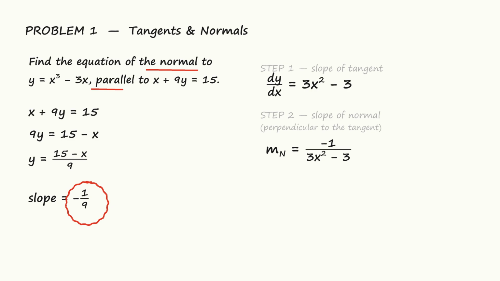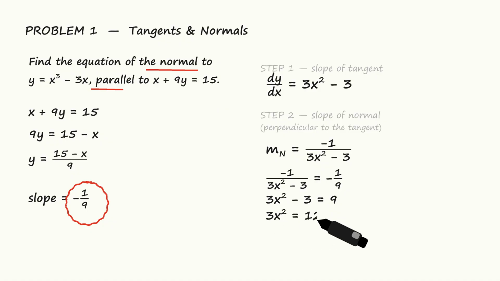Step 4. Equate them. Minus 1 over 3x squared minus 3 equals minus 1/9. Cross multiply. 3x squared minus 3 equals 9. So 3x squared equals 12. X squared equals 4. And x equals plus or minus 2.